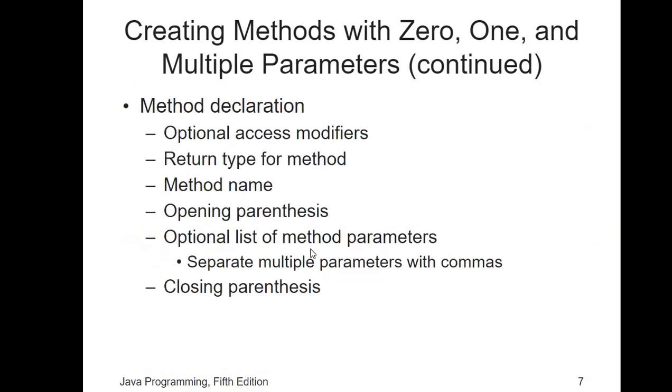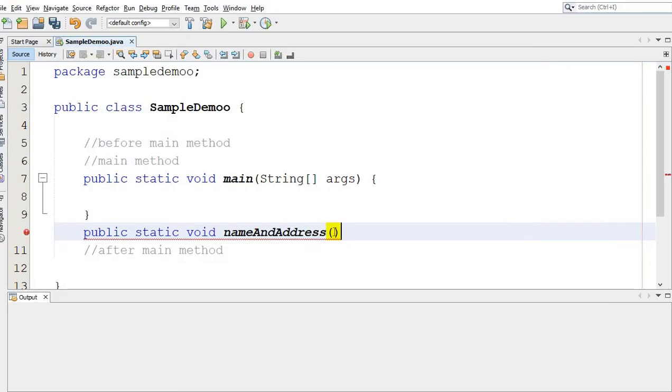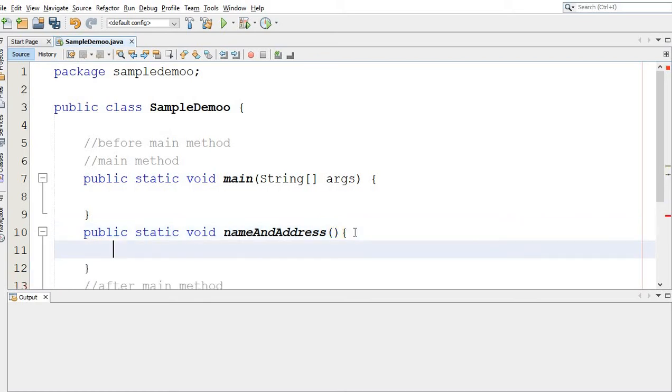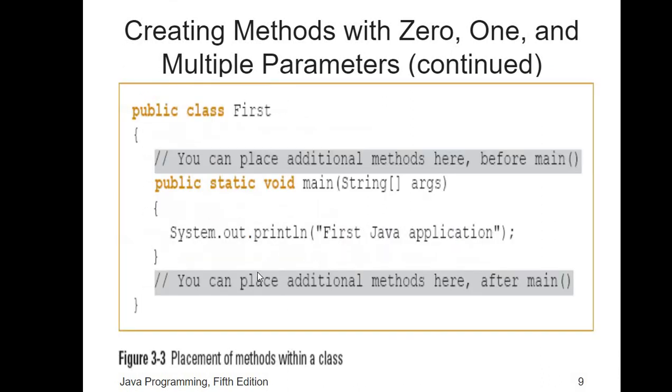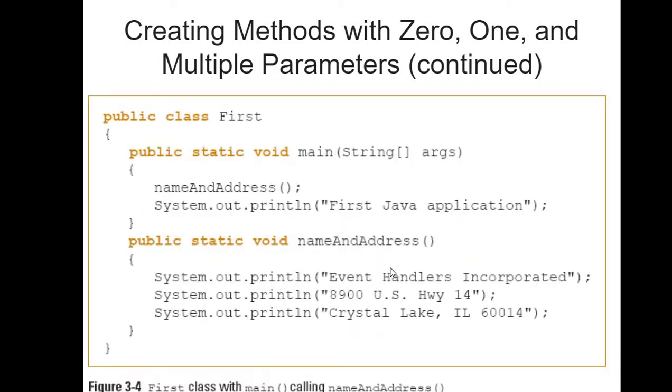Then, opening parentheses, optional list of parameters. Dito natin nilalagay sa loob ng parentheses. But, for now, gagawin muna natin 0 or walang parameter. Then, closing parentheses, curly braces. Okay, so name and address.